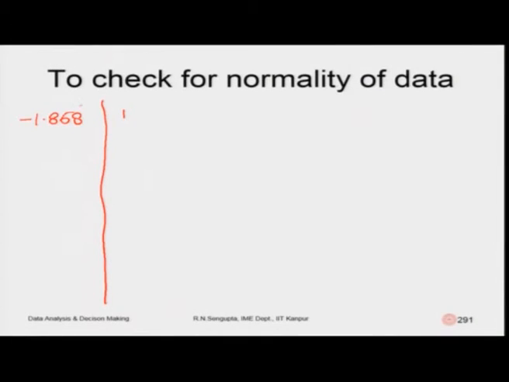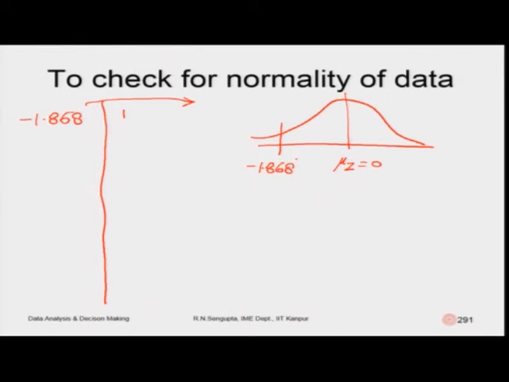Now, for this value of minus 1.868, this is the normal distribution, this is the mean value which is 0, and the standard deviation is 1. Consider minus 1.868 is here. I want to find the overall area of z, the total probability from minus infinity to that small z.